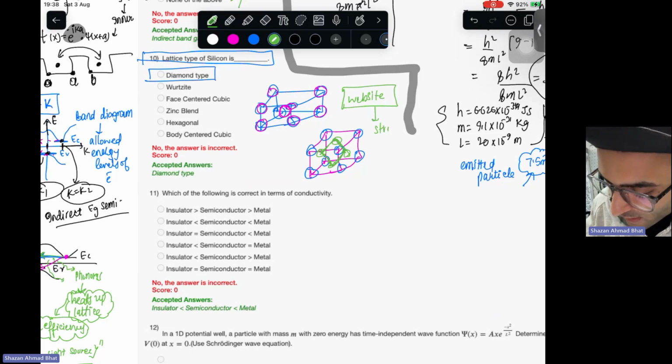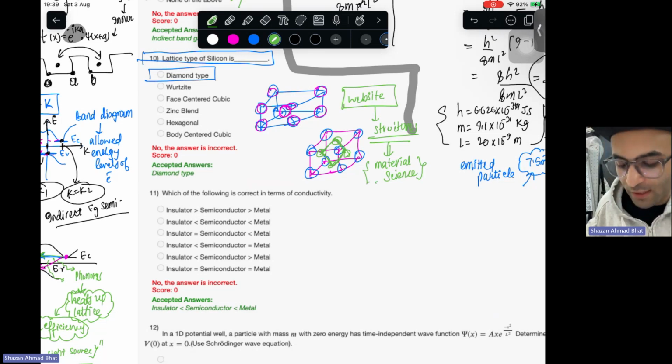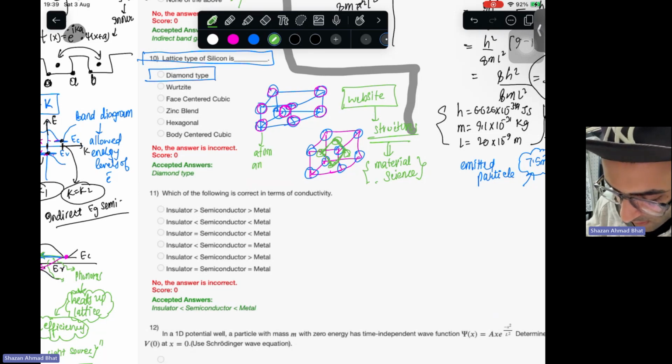You can easily find websites, related to material science, where you can see different structures of different materials, that can give you a three-dimensional representation of lattice types, meaning how these atoms are arranged.